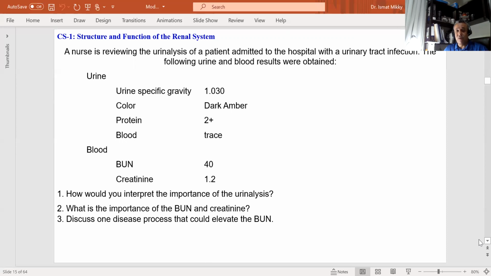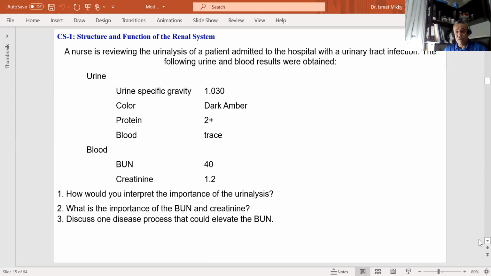So what's the importance of the BUN and creatinine? The BUN, which is blood urea nitrogen, is filtered by the kidney, and normal filtration of the urea depends upon normal blood flow to the kidney and normal glomerular filtration rate, GFR.